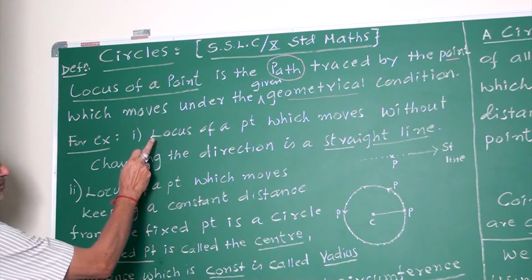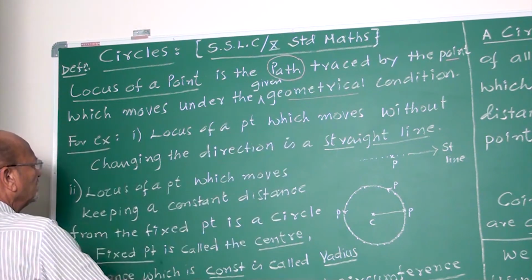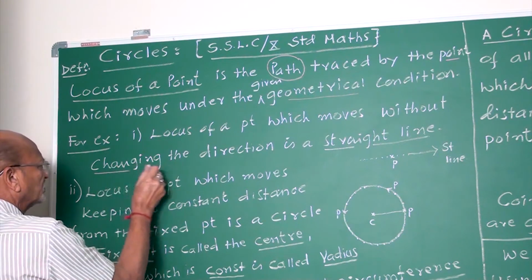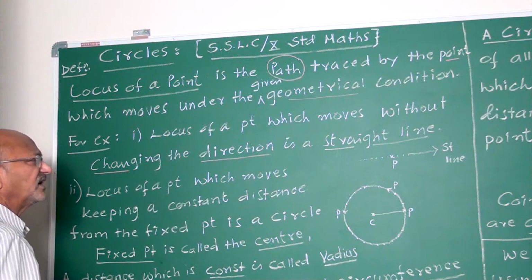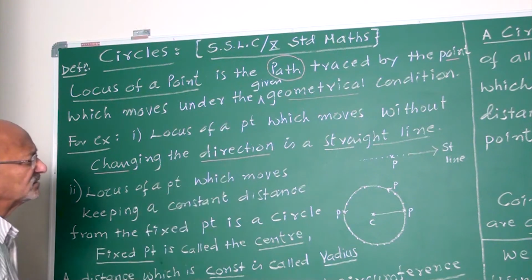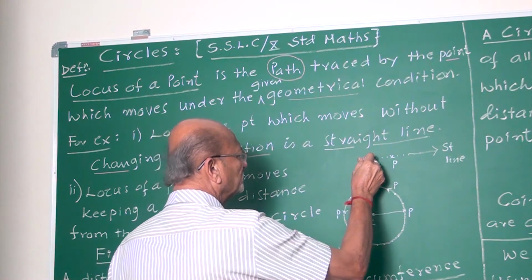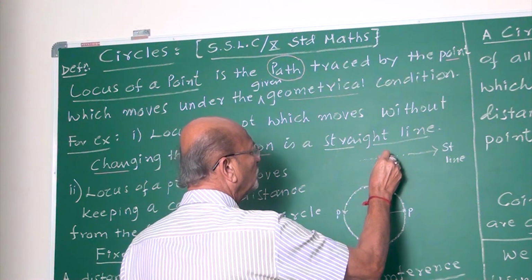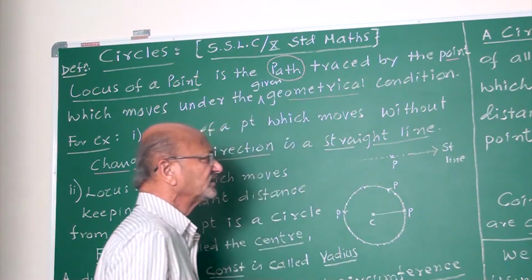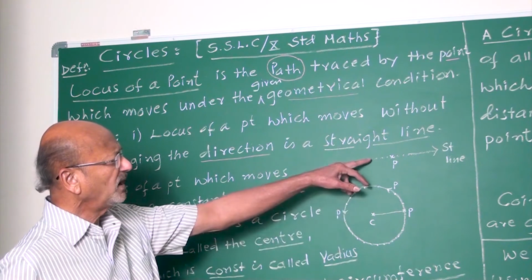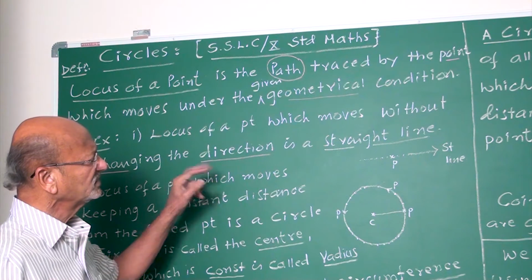First example: locus of a point which moves without changing the direction. This is the geometrical condition. You should not change the direction. If you move like this, the path traced is a straight line.